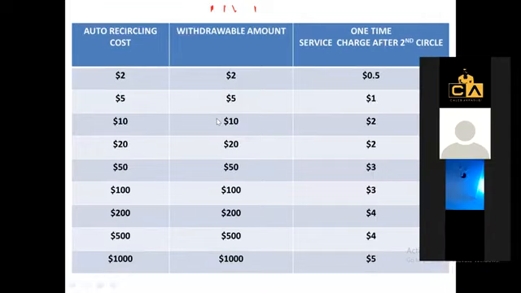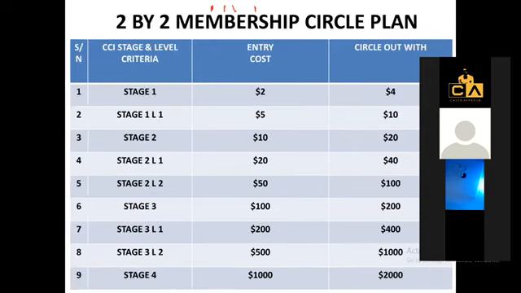The second time you cycle out, $2 will be deducted for service charge. So that's how it runs. From stage 2, level 1 upward, you can join the $20 cycle plan, and you recycle $40. You pay your service charge on the second recycling. Then from stage 2, level 2 upward, you can join the $50.